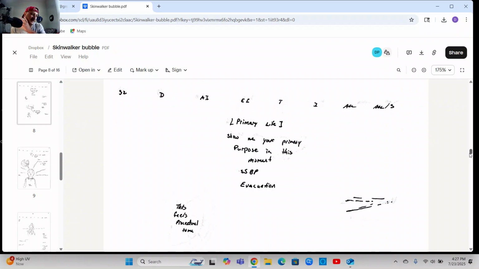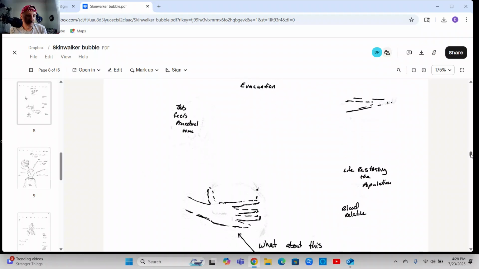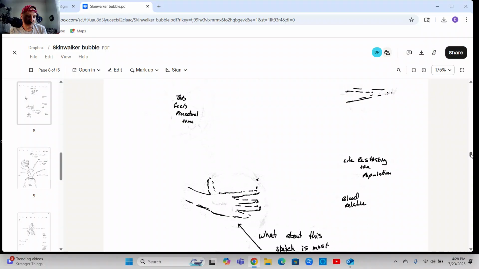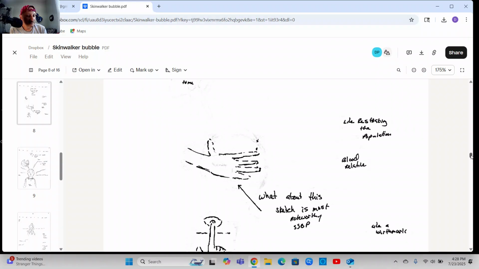Because in the back of my mind I'm getting some of that, and I'm just kind of ignoring it, because I'm trying to get down to what I'm here for. So I asked the primary life, what's your primary purpose in this moment? And I got a sense of evacuation. And I have in my AI, this feels procedural to me, whatever's happening here. AOL signal, like restocking the population. I got the sense of a blood relative species.